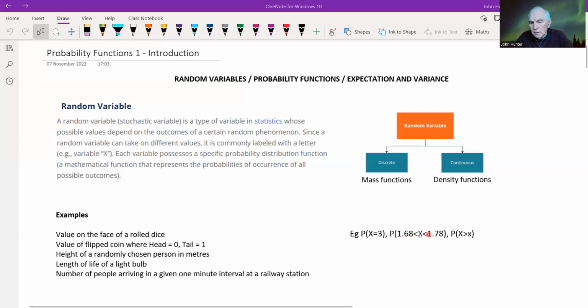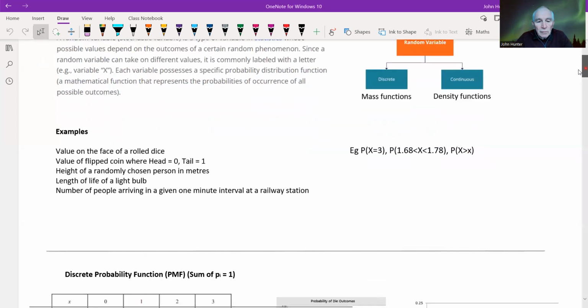Could also be discrete, but probably continuous. And then more generally, the probability that the random variable is greater than some value. This notation is a little confusing because we're using X twice, but capital X is the random variable and little x is the particular value that we're referring to. Okay, so that is generally the idea of random variables.